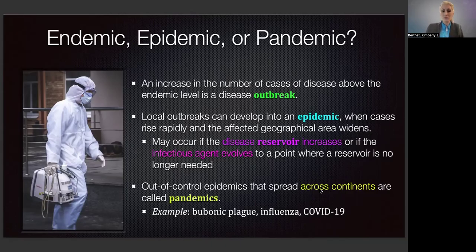Okay, and what we try to stop at this point is this moving to a pandemic. So observing endemic to epidemic, we would see an outbreak, and we want to ensure that outbreak does not go global. Diseases don't normally stop at any kind of boundaries. There's no borders that they stop at. They're airborne. People are jumping on planes. So things can move very, very quickly from epidemic to pandemic.